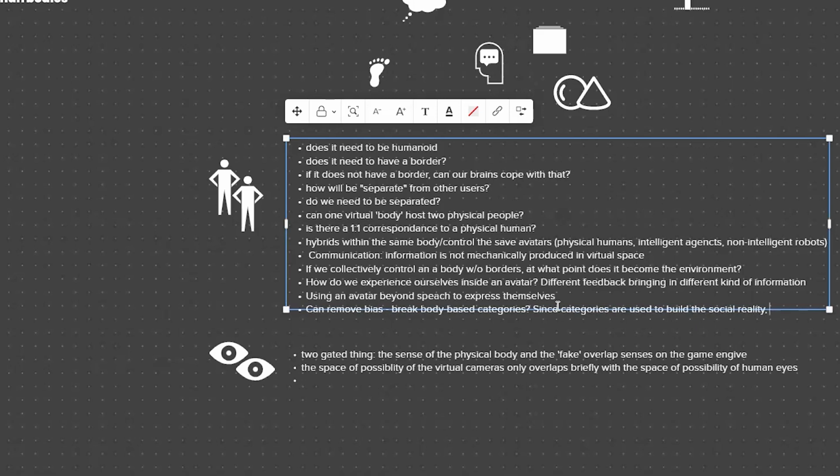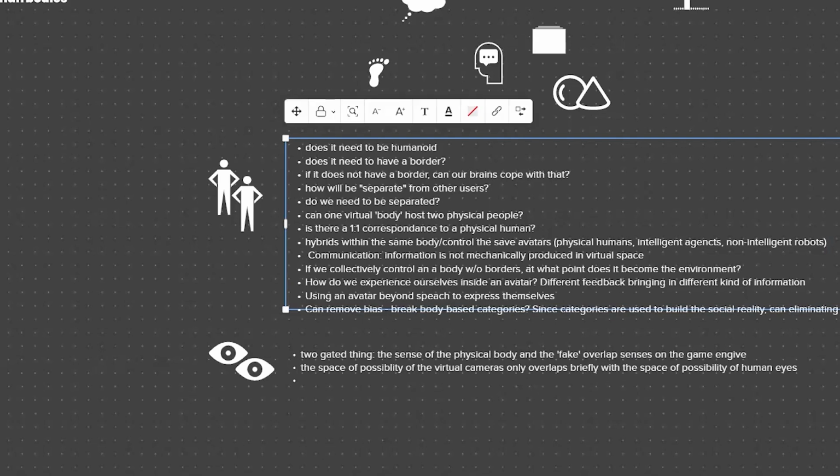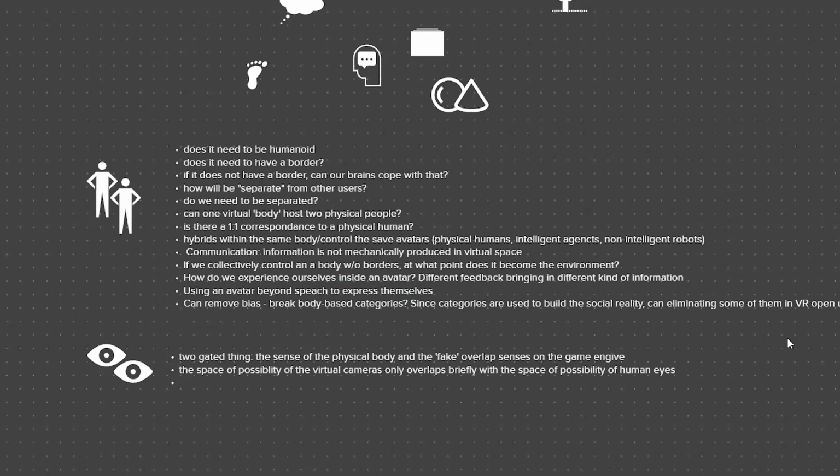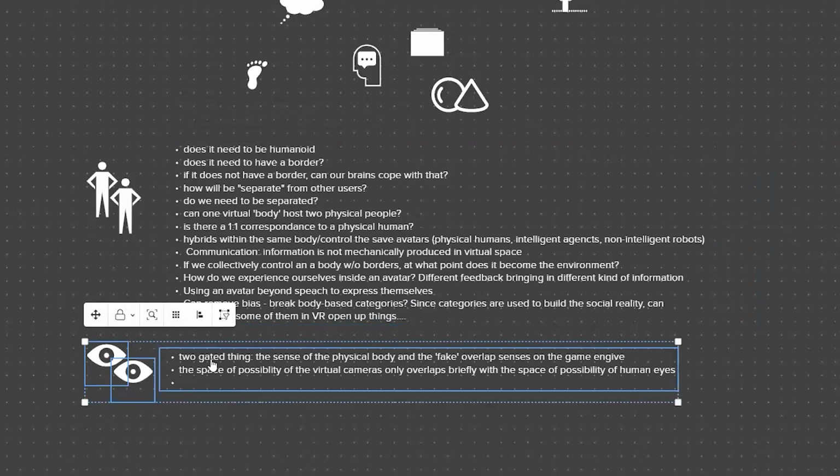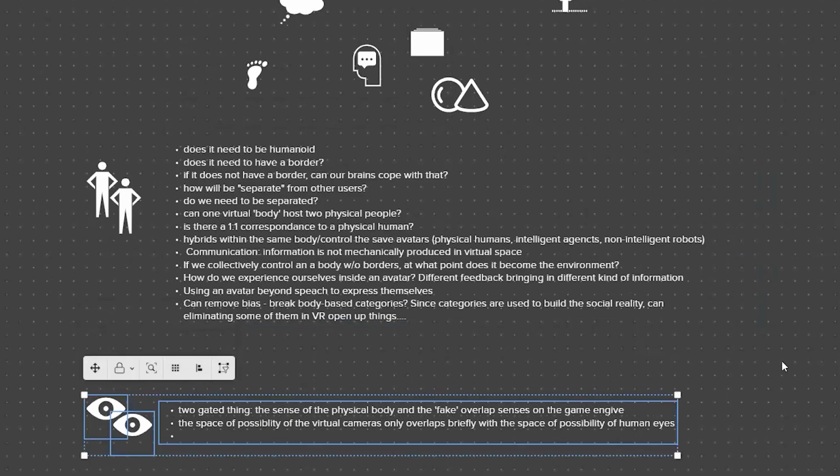So since categories are used to build a social reality, can eliminating or obfuscating some of them in VR open up things? I do think we are seeing some of this in some social VR worlds for sure. We are seeing avatars that show fluidity of gender.